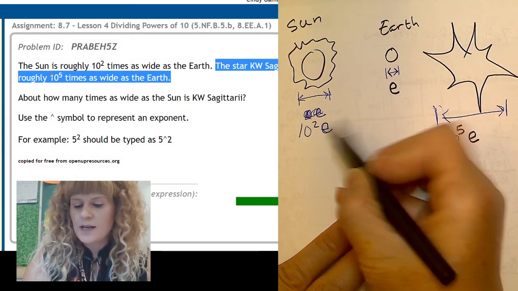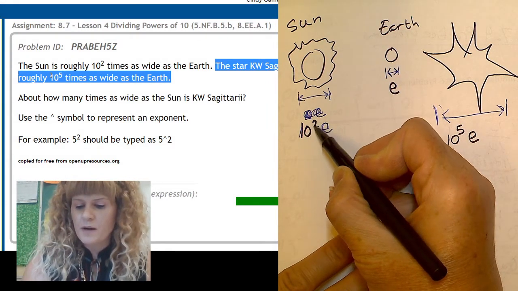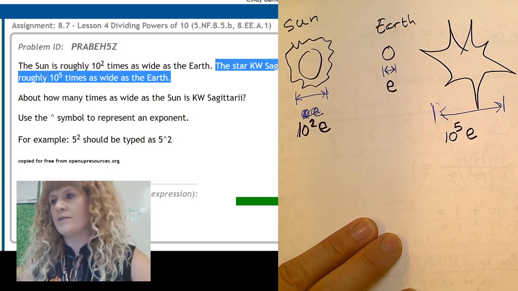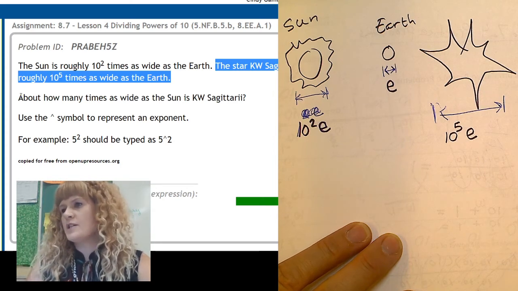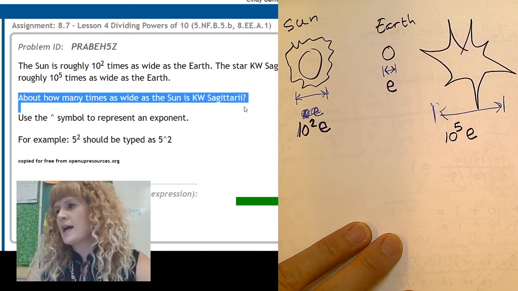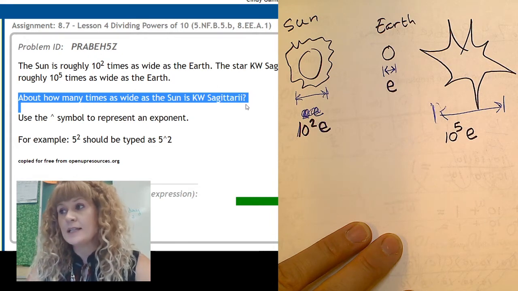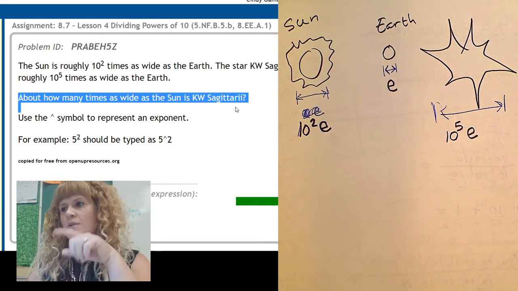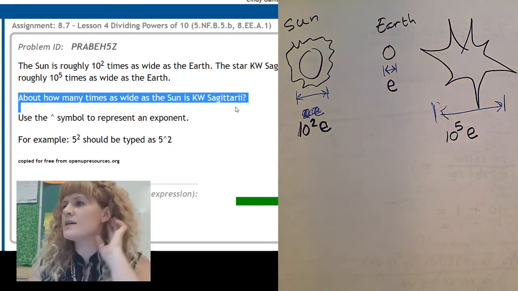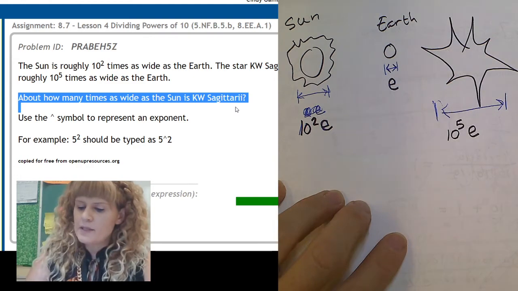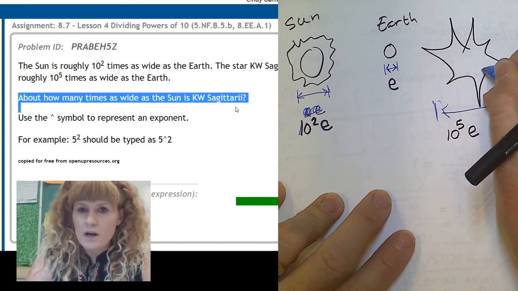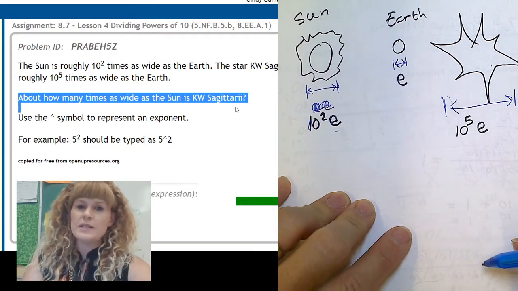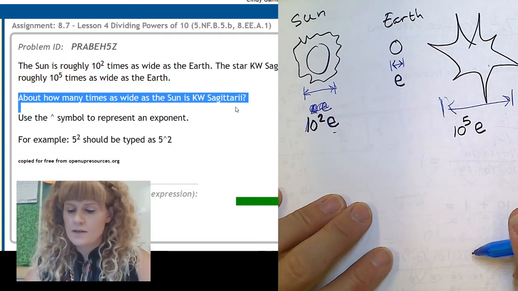Anytime you're solving math problems, like story problems, draw pictures to help you organize the information that you're given. Here's the question. About how many times as wide as the sun is KW Sagittarii? So I'm going to take the width of the star and divide it by the width of the sun to see how many times as wide it is.